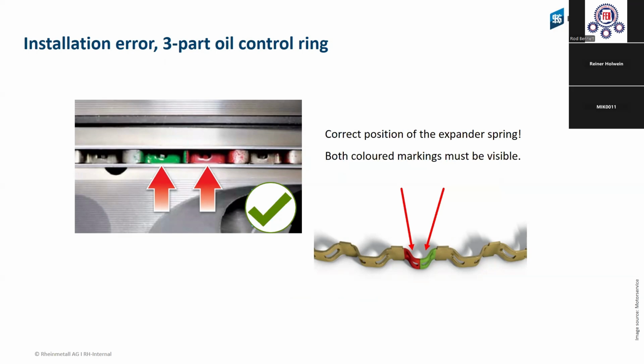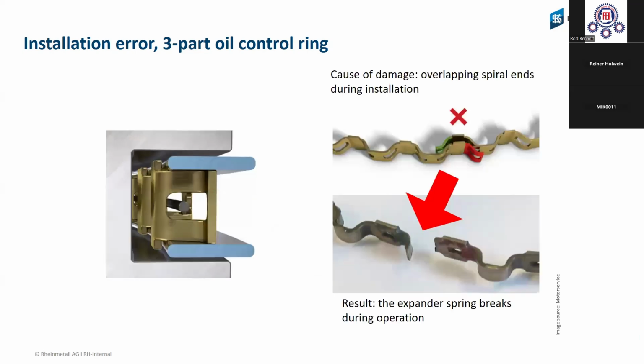In some cases, we have a color on the end, blue and red or black and white. In others there is no color, then you must check that the spring ends are not overlapped together. When they are not in this position, we will not bring the pressure behind these shims, and then we cannot scrape the oil perfectly.